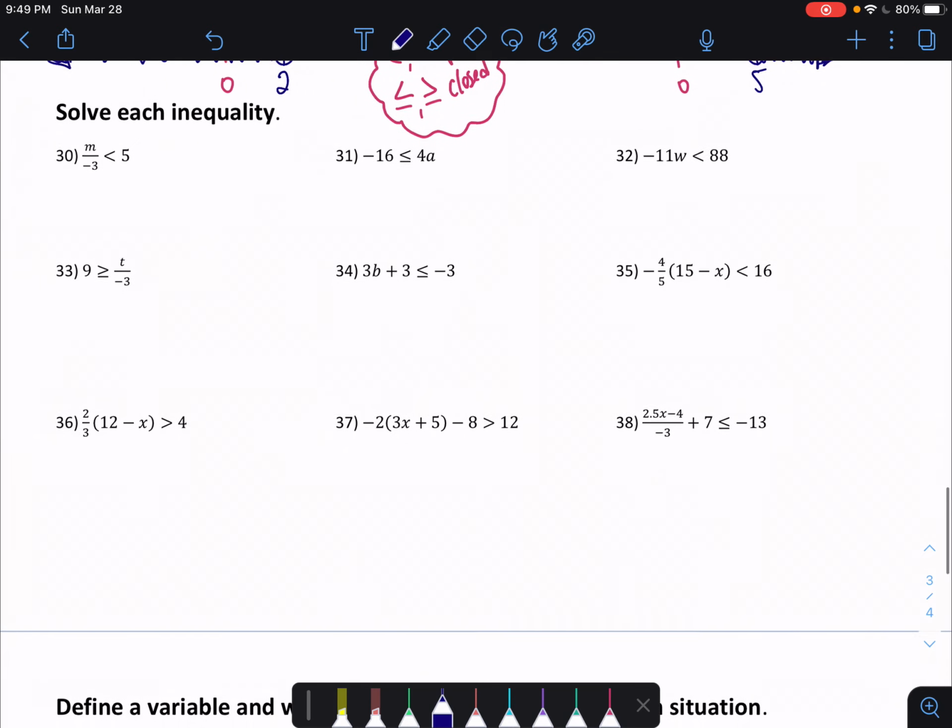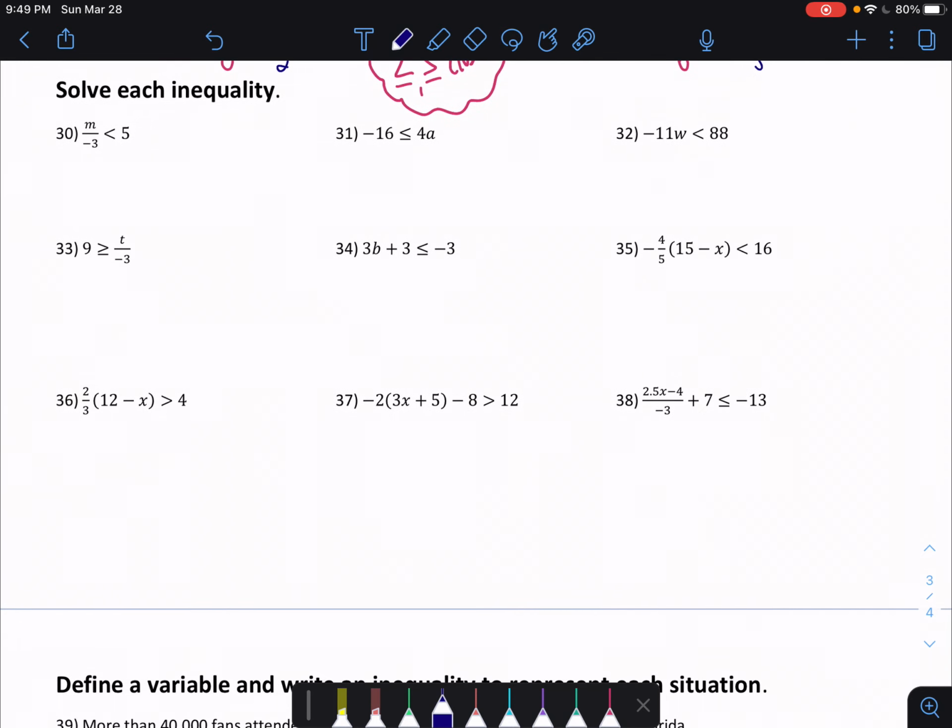The next part is all of the solving. So we've got some multi-step, we've got some single step. And then we have to remember our special rule for this.